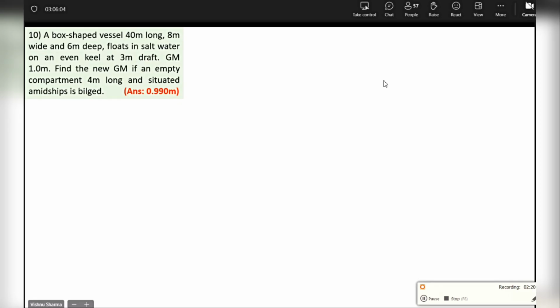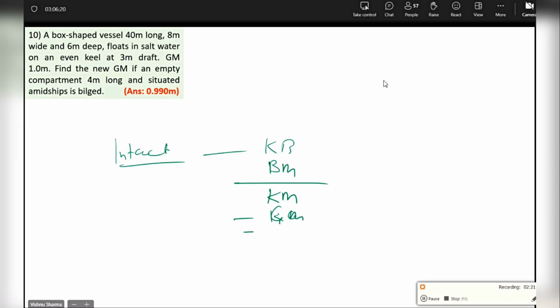Initial GM is given, so we have to calculate. Yes, so in the intact condition, you will have to calculate KB, BM, get the KM, then subtract GM, and that will give you the KG to be used. Is that clear, beta? Understood? Yes. So you'll have to get the KG and then proceed. That's the additional work which is there for you.